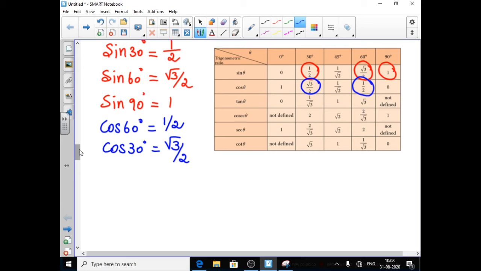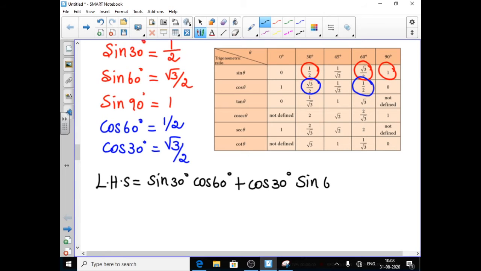So we can apply LHS is equal to sine 30 degree into cos 60 degree plus cos 30 degree into sine 60 degree.